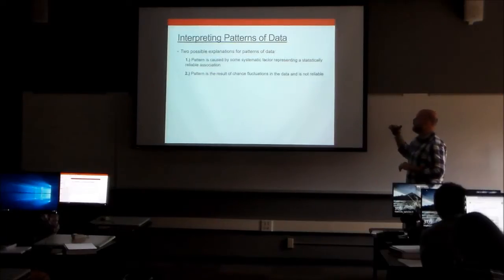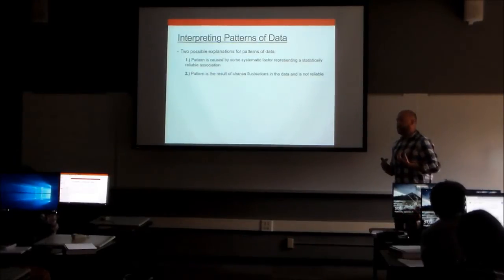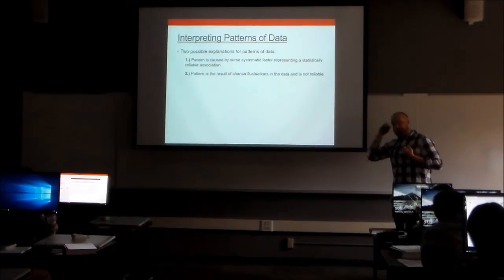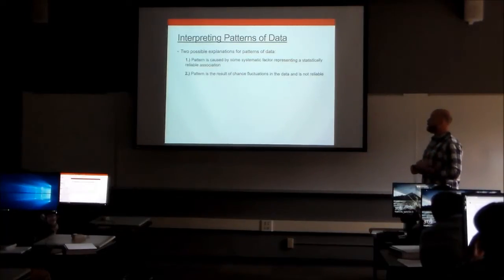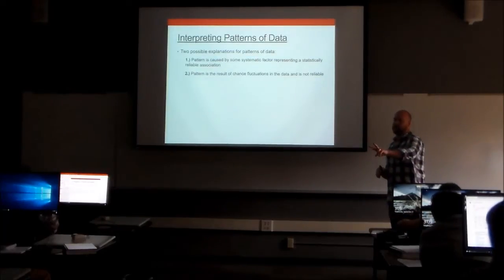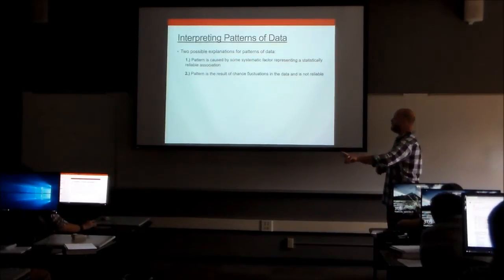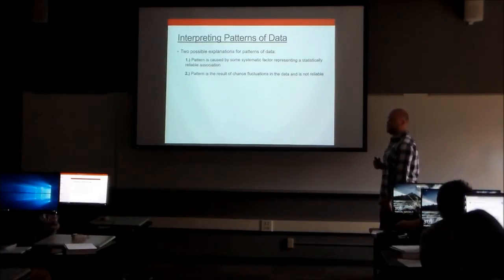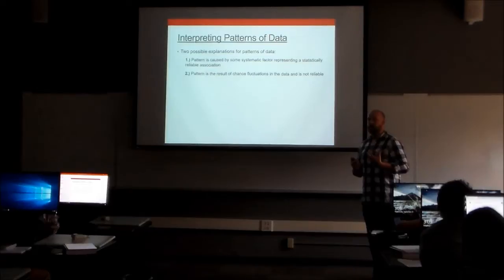All right. So generally, we got our test statistics, and what we need to do is start to interpret this. There are two possible explanations, and you should always keep this in mind. There are two things that could be happening when you get your data. One, our data is caused by some systematic factor associated with a reliable relation.